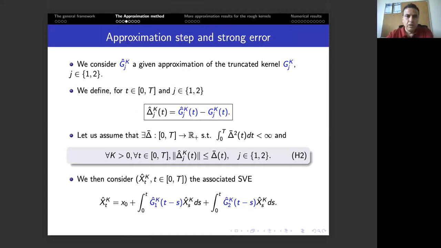Now, of course, once we have truncated, we want to approximate the truncated kernel.